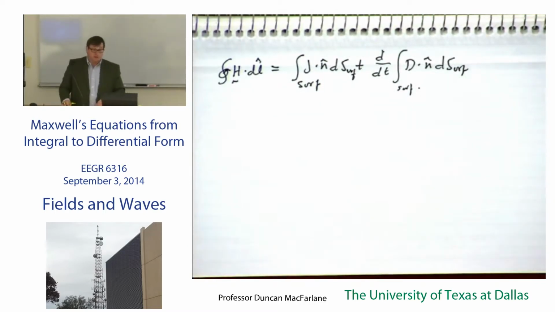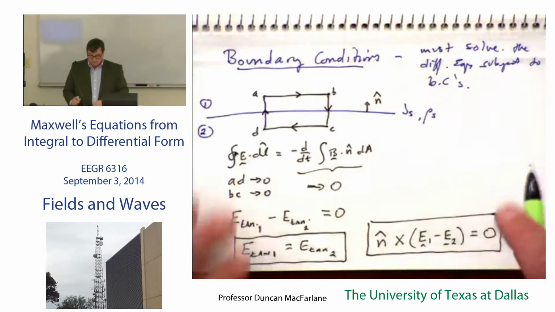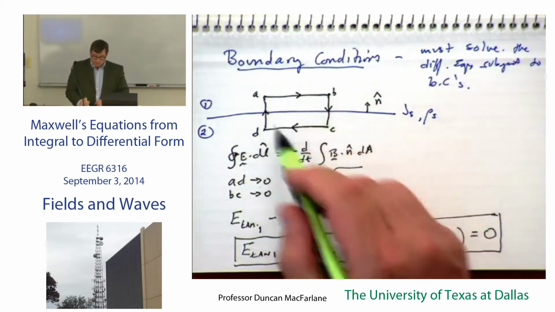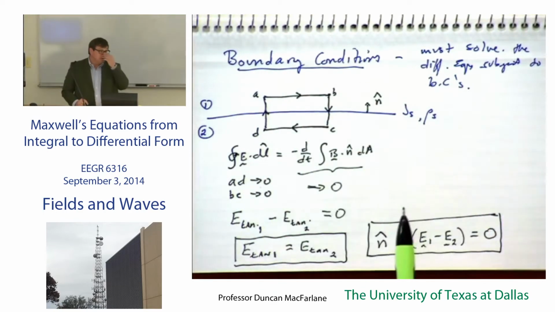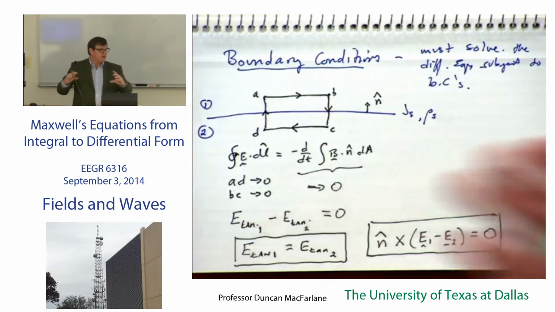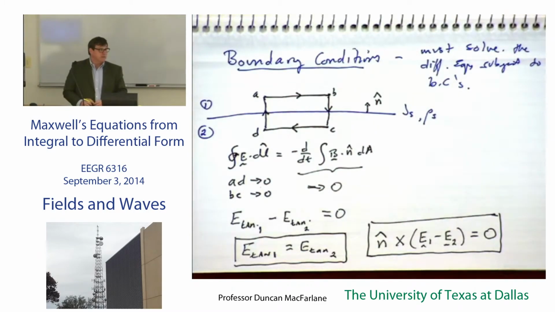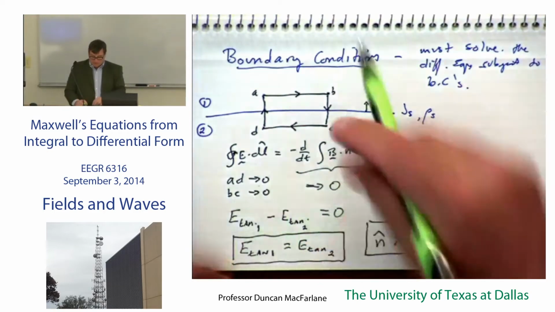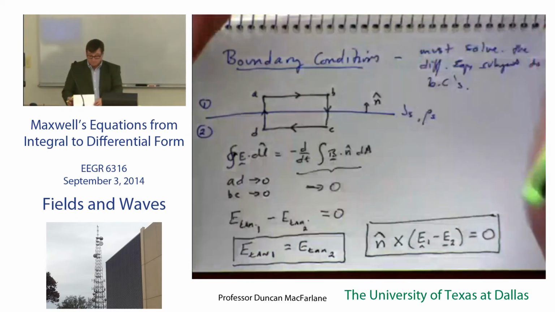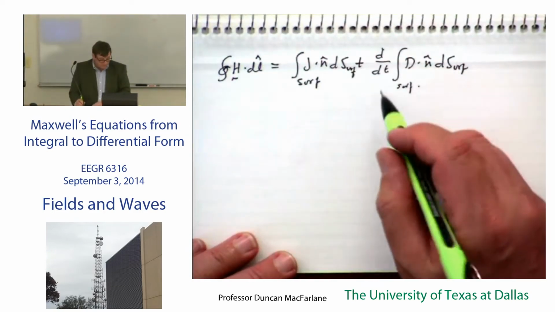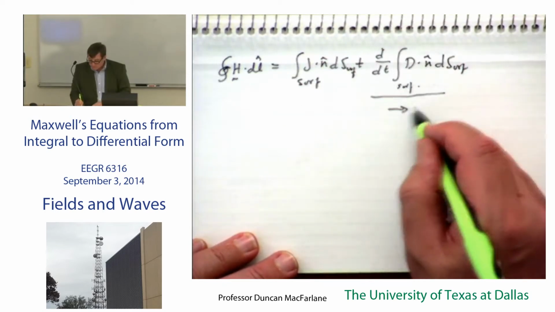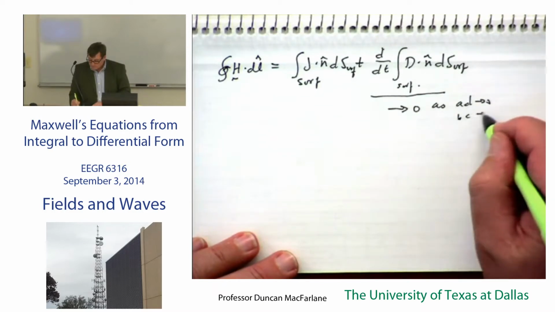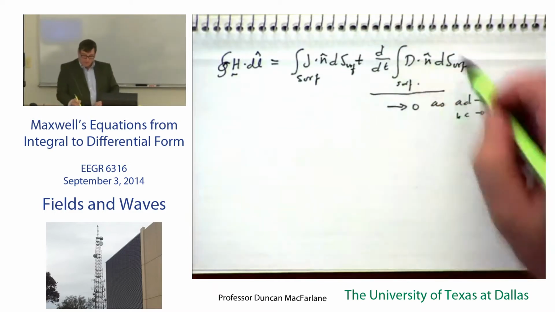So now we're going to do the same construction that we did before, where I have my little ABCD loop. Nice Cartesian, but it doesn't matter because it's all going to be shrunk down to a point anyway. And I'm going to shrink my A to D going to 0 and my B to C going to 0. And this term here will go to 0.